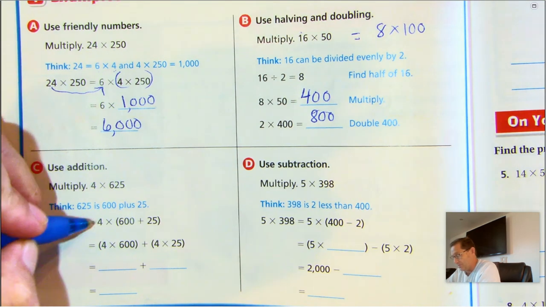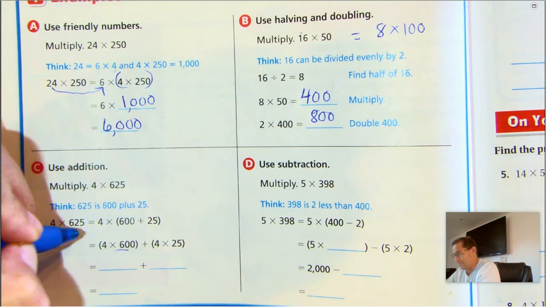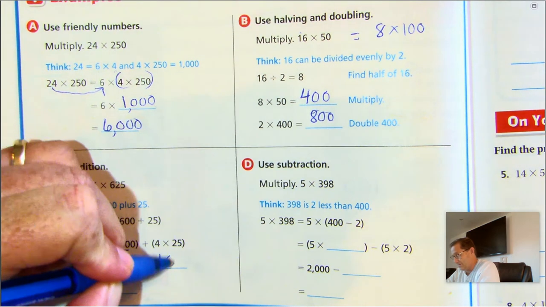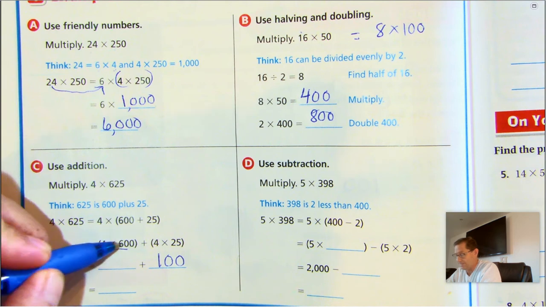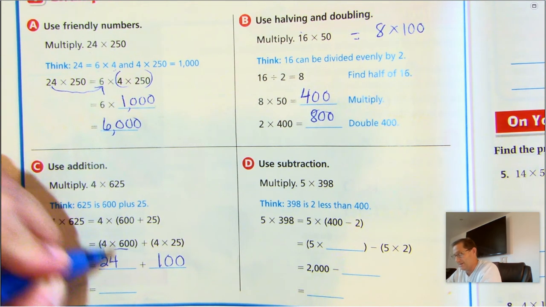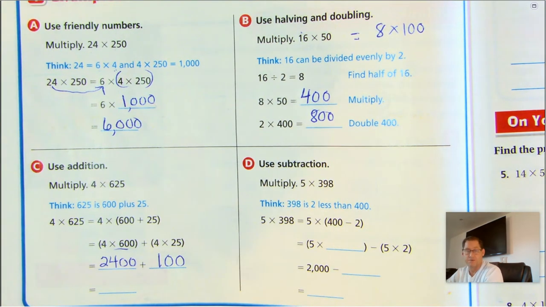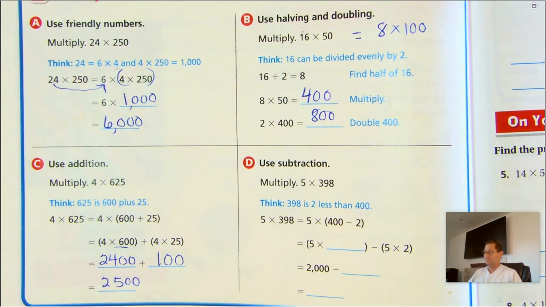And then we can use the distributive property, 4 times 600 plus 4 times 25. 4 times 25 we know is 100. And now here, let's use 4 times 6 as a basic math fact. 4 times 6 is 24. And then we can put the 2 zeros from the hundreds. Now we just add 2,400 plus 100 more, 2,500.